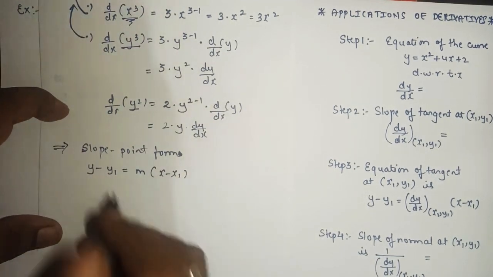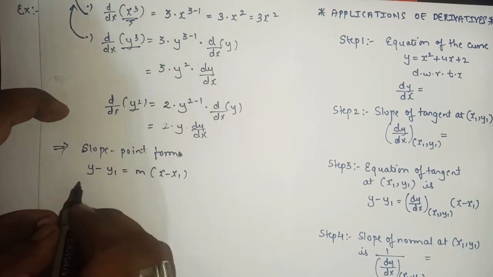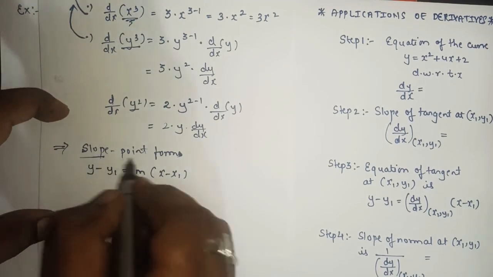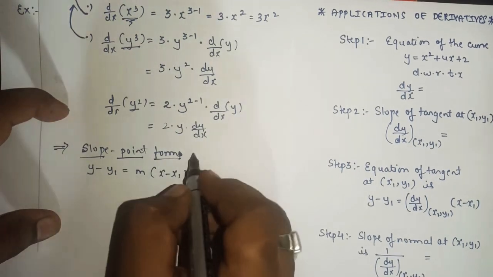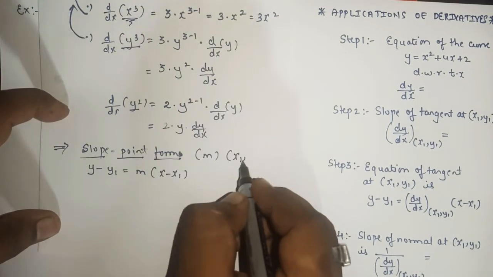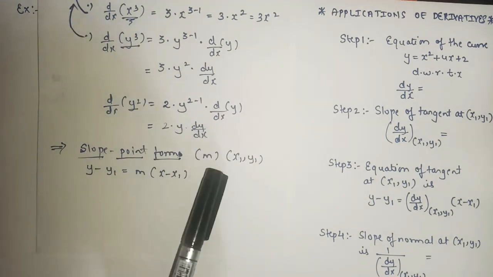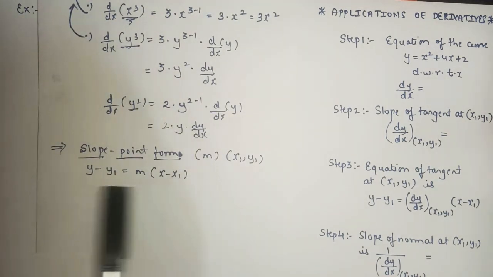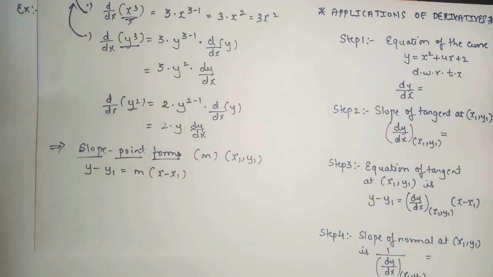What do we mean by slope point form? If you want to find the equation in slope point form, slope is known as m, and the point is known as x1 comma y1. When a line is passing through a point x1 comma y1 having a slope m, its equation is y minus y1 equal to m into x minus x1. That was the formula. I hope you all know it, yes or no?